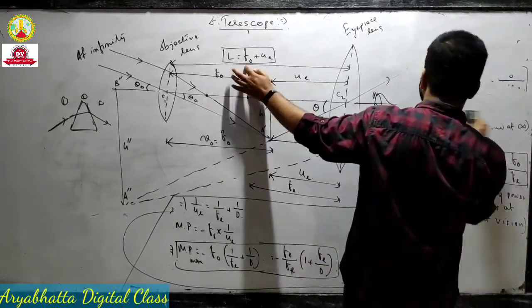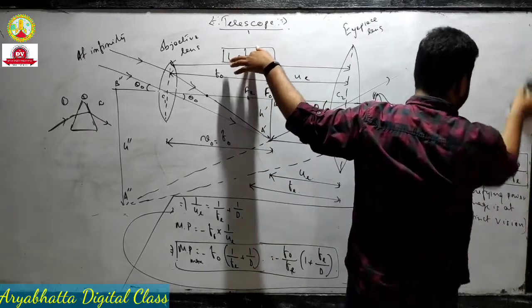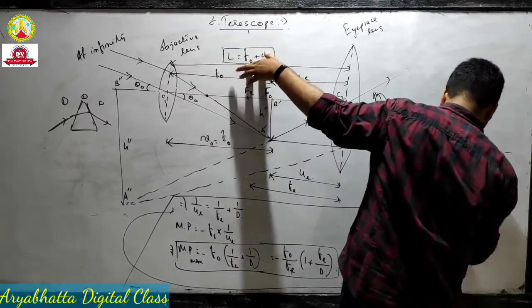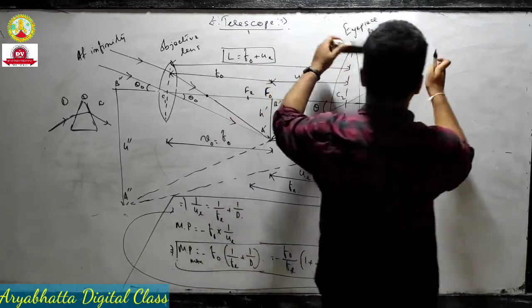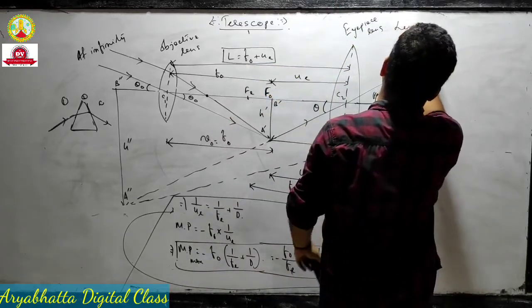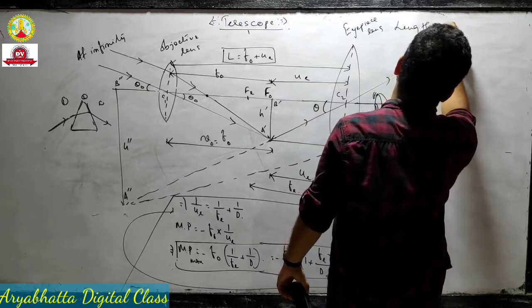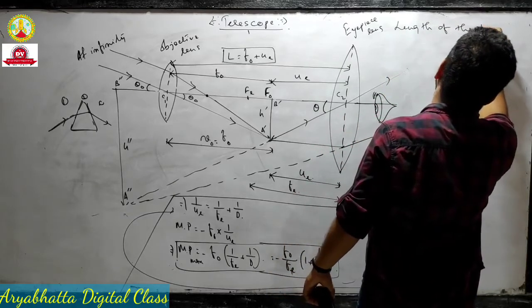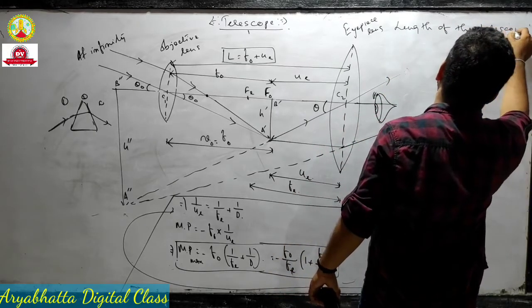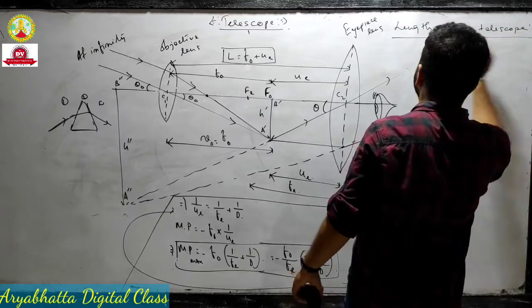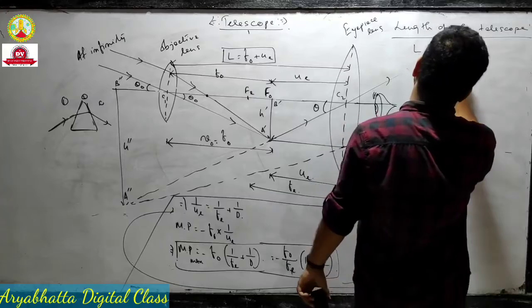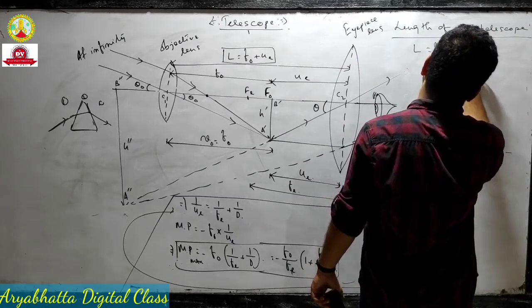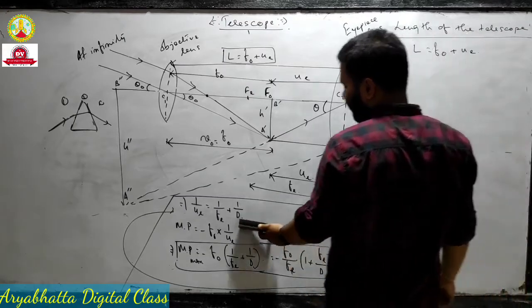Okay, this is the length of the telescope, L. Length of the telescope, L is equal to F naught plus UE. You look at this formula.